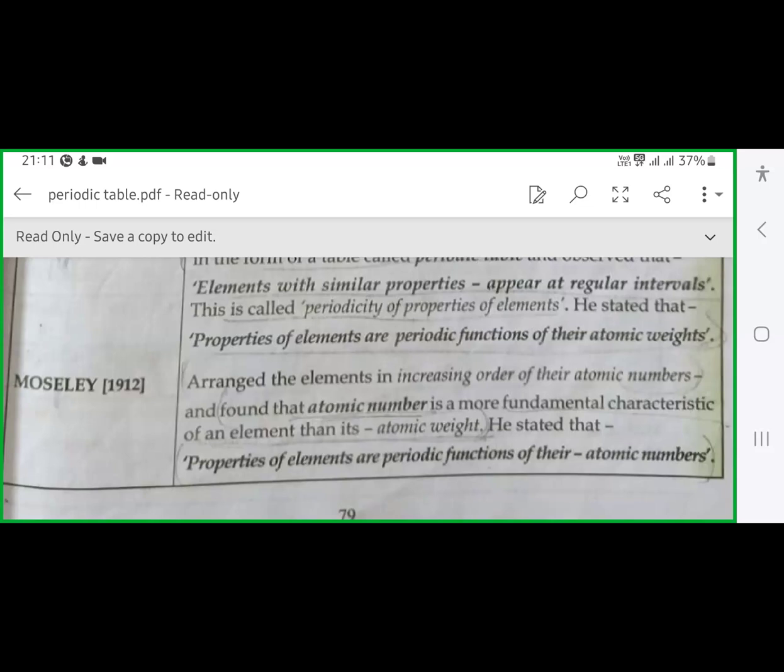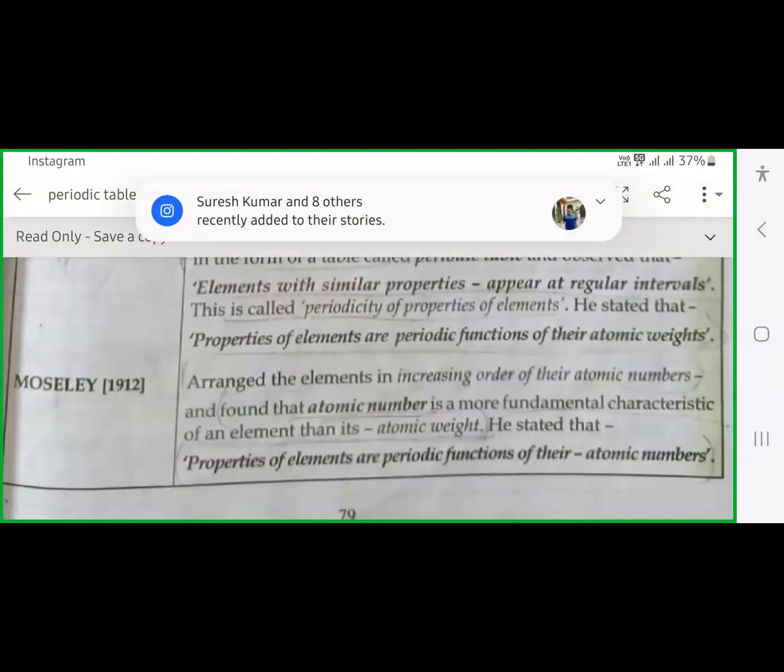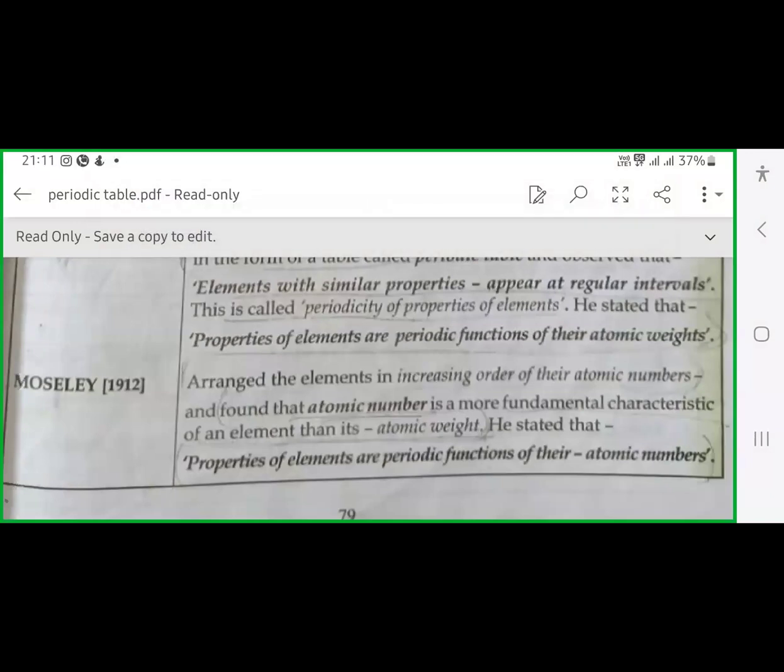Modern periodic law is given by Moseley, and elements are arranged in the modern periodic table by Bohr. Clear? Yes, sir.